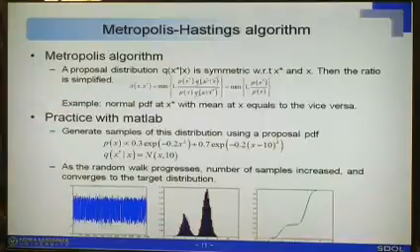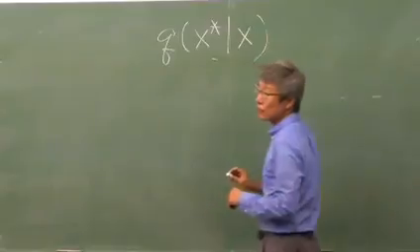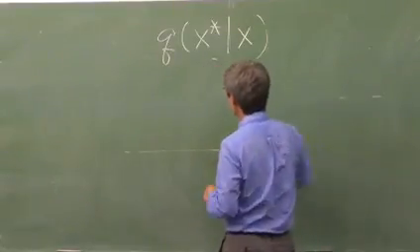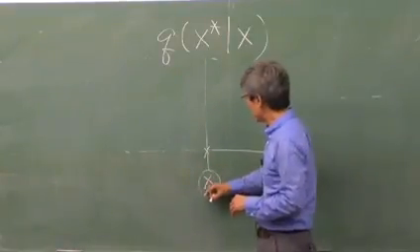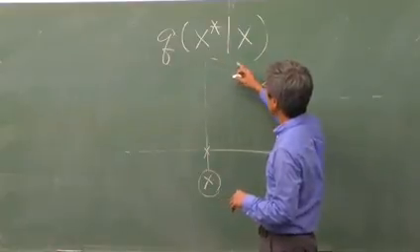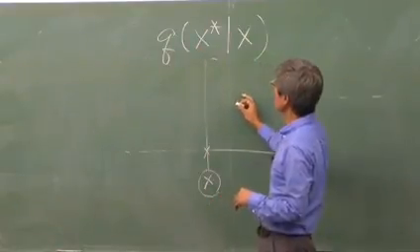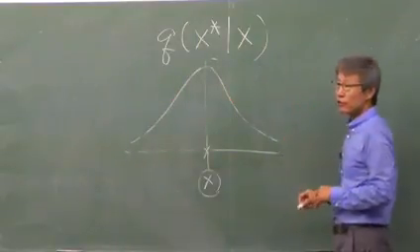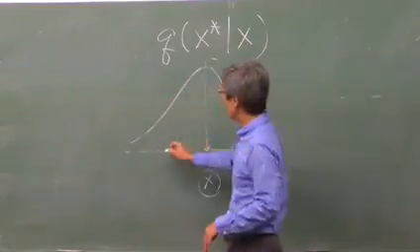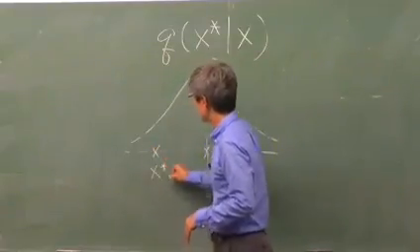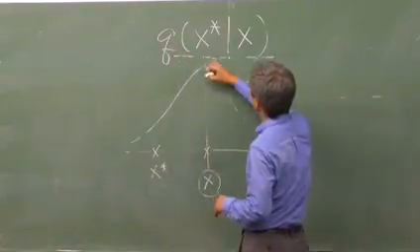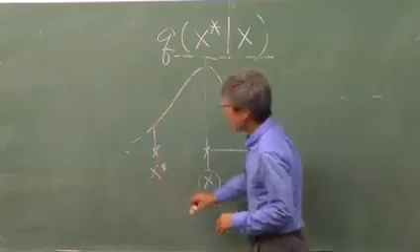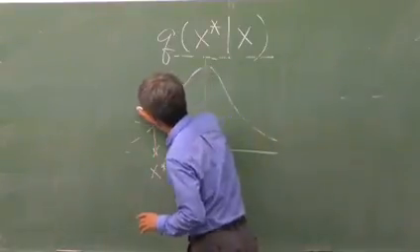The notation here represents a distribution with the mean at x, the existing point. And we sample randomly a new point, x star, based on this distribution, which may be somewhere like this. And the value of the distribution here is this height. So this is the value of Q here.